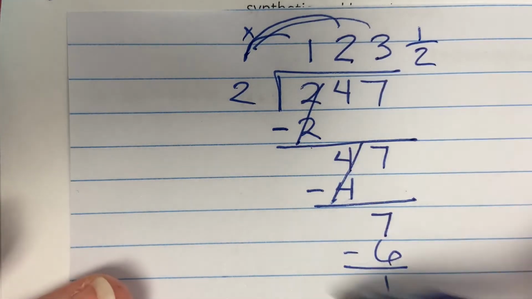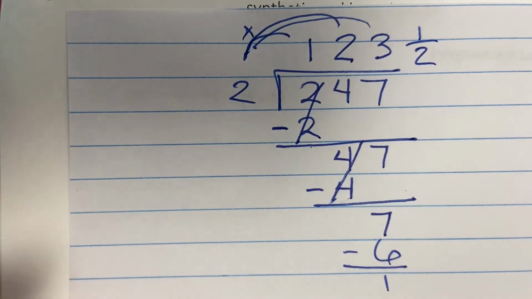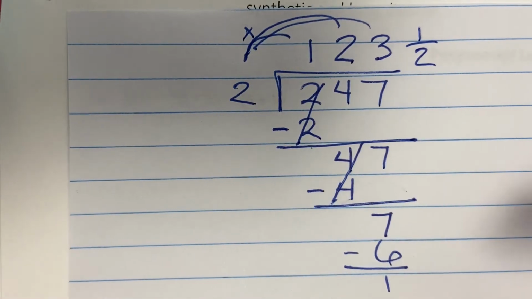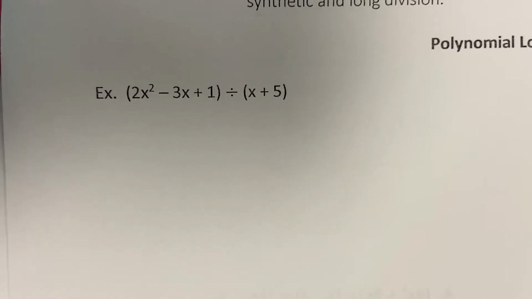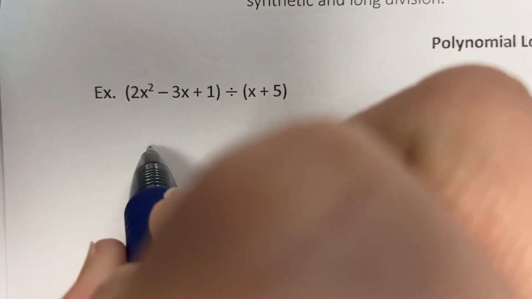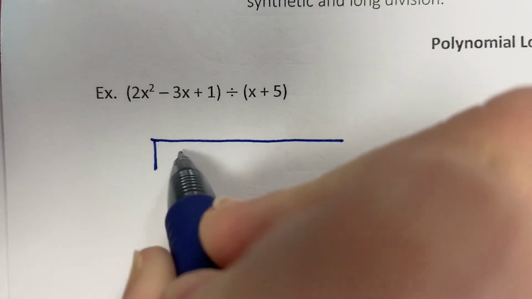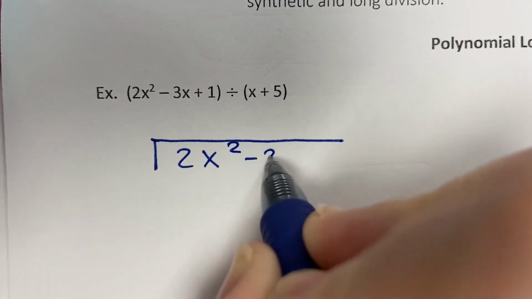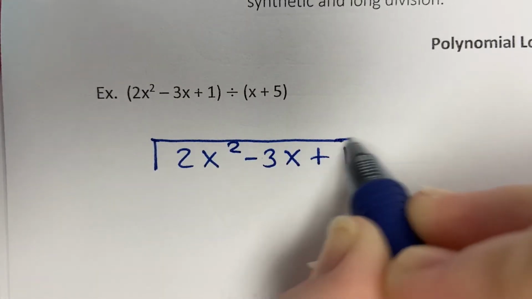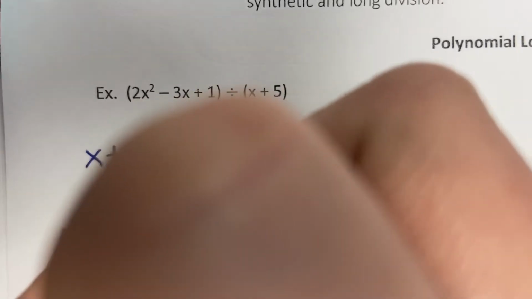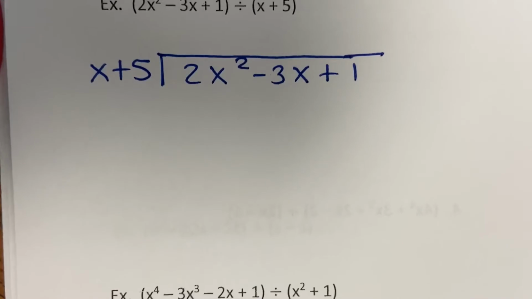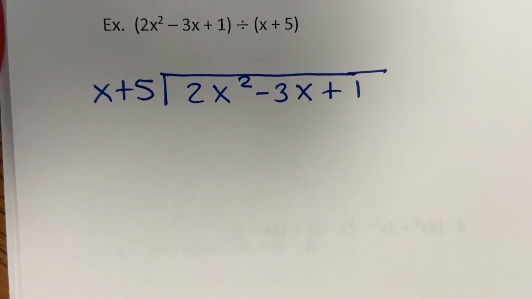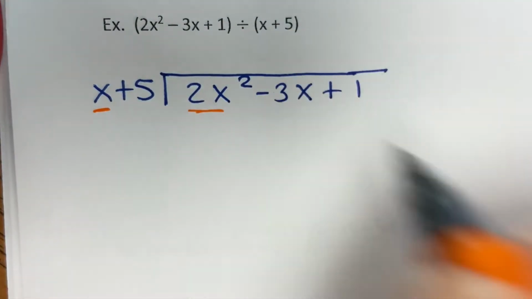So that whole process that we just experienced, we're fixing to do again, but this time we're going to have good old polynomials. All right, so I'm going to set this up, and it's going to be 2x squared minus 3x plus 1 divided by x plus 5. Now, when you do this problem, you always look at the first terms. So this is my first term, and this is my first term.